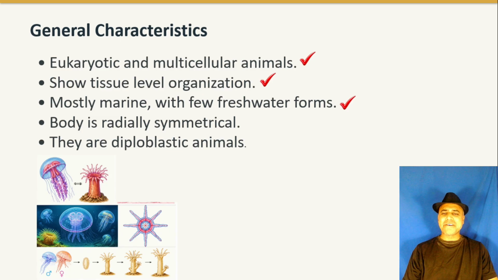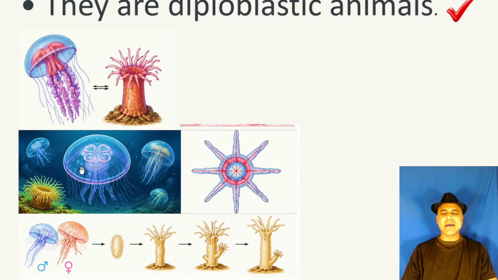Body is radially symmetrical. It means body can be divided into two equal halves along more than one plane. They are diploblastic animals. They have two cellular layers. These are examples of coelenterates.